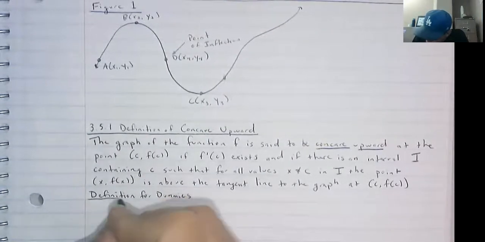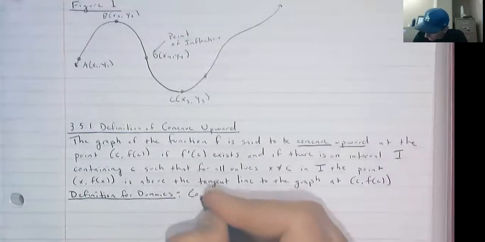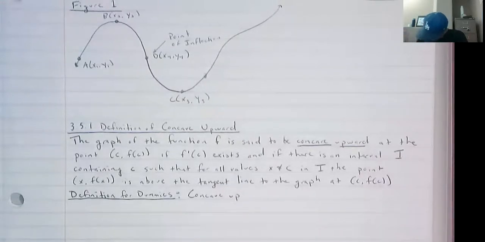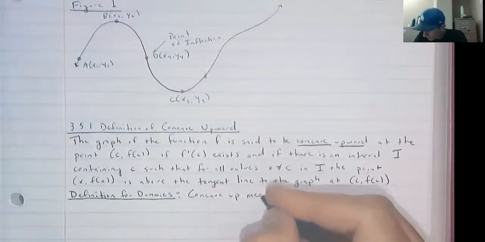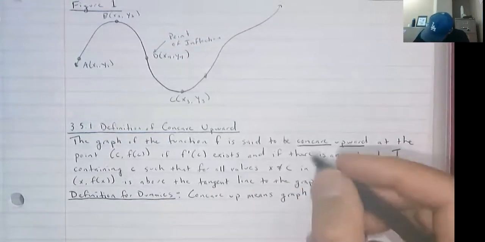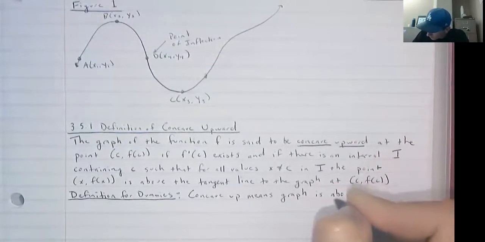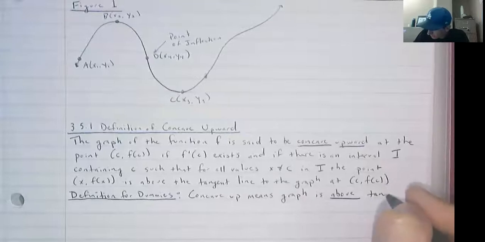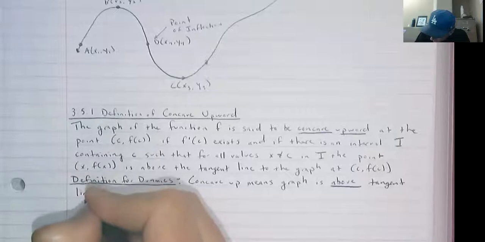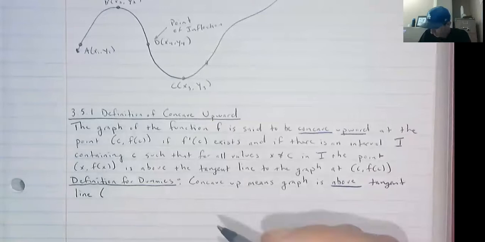Definition for dummies. Concave up means graph is above tangent line, or you can alternatively think of that the tangent line is below the graph.